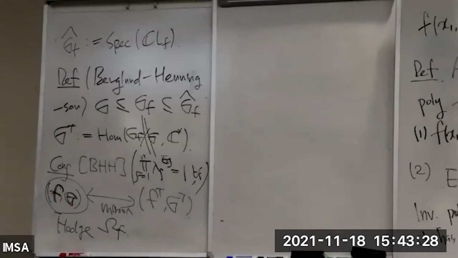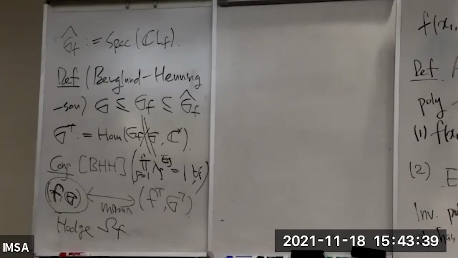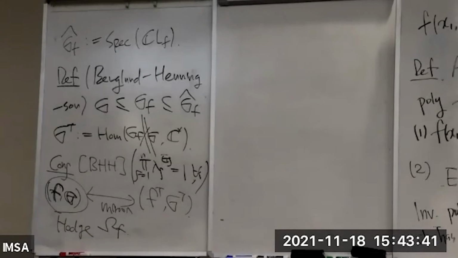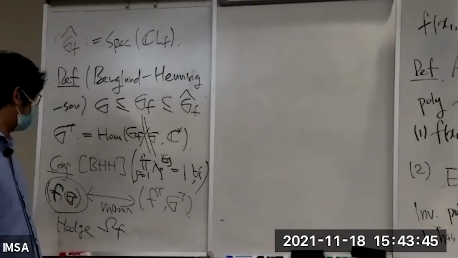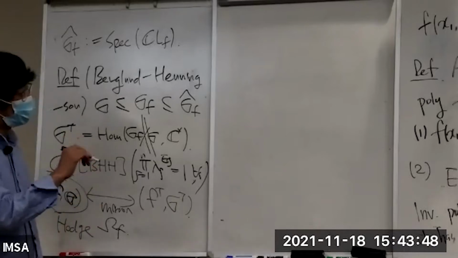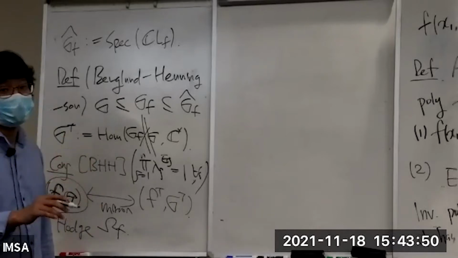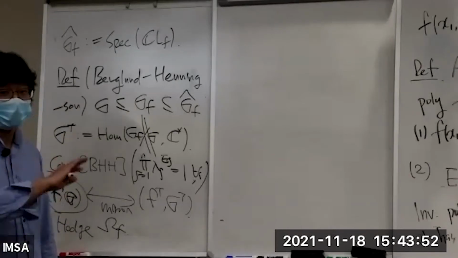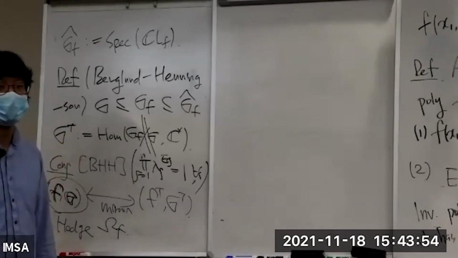To put a Hodge structure, you need a variety, or let's say a quasi-projective variety. Right, but in general, I just need complex vector spaces and complex conjugation, that is fine.